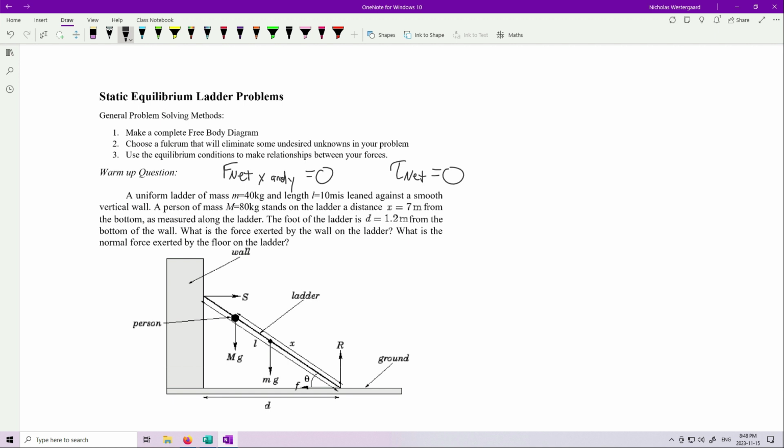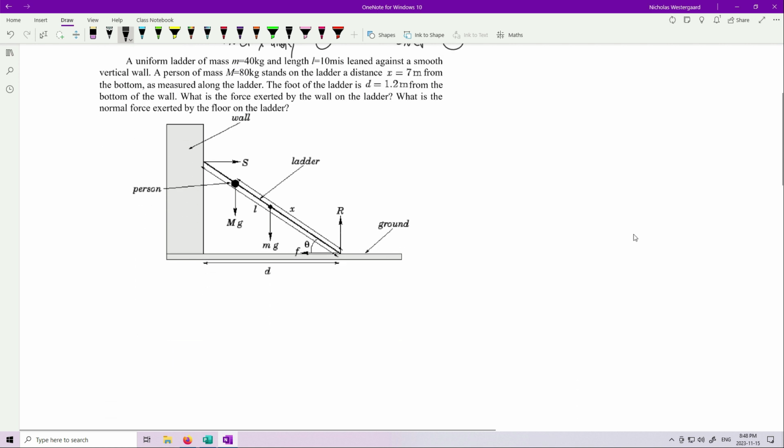So let's start with our first problem, the one that I've labeled the warm-up problem. There's a uniform ladder, so that's telling us that it's an even mass, and we can take the force of gravity on that ladder at its center of mass, where the mass is 40 kilograms, the length is 10 meters, and it's leaning against a smooth vertical wall.